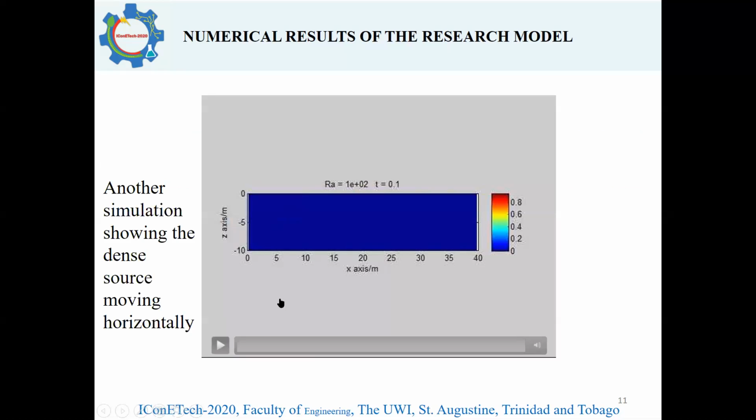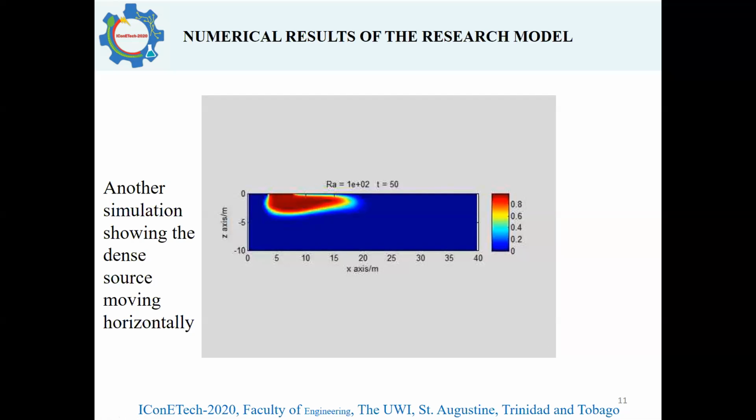Another simulation that was done: here I'm applying it to the situation that I'm modeling, which is the oil becoming suspended in the water column. You can see I have the opening, so that will show the oil coming in.